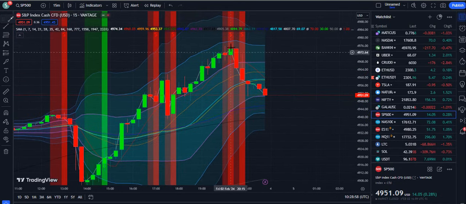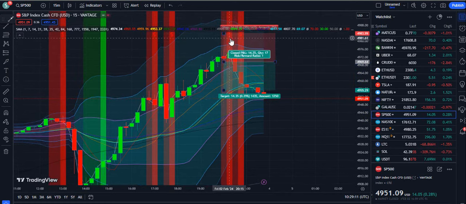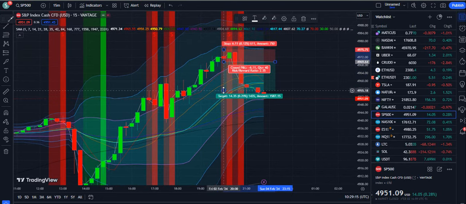For example, the sell signal was generated on S&P 500, and if you go for the short position exactly from here, you set the stop loss at the previous high of the market. You set the stop loss exactly at the high point, and you can see how much it has provided us.